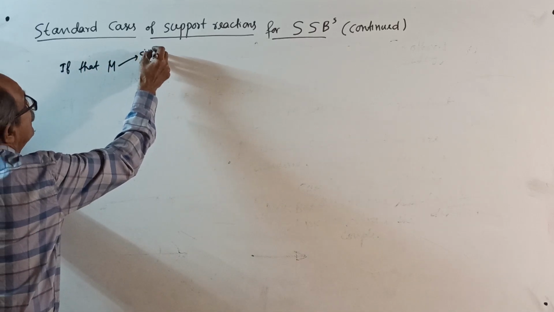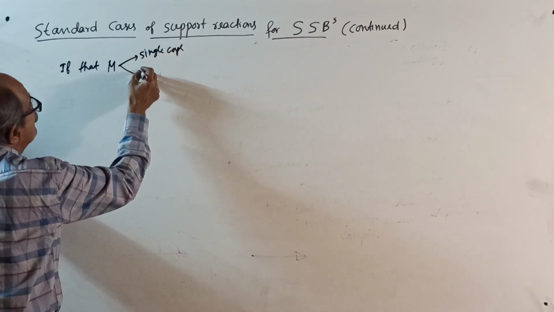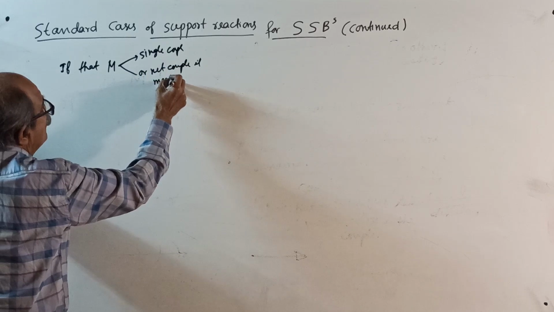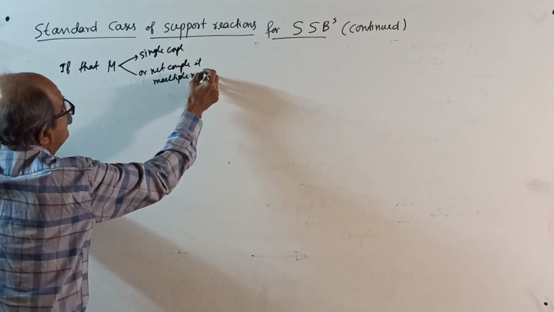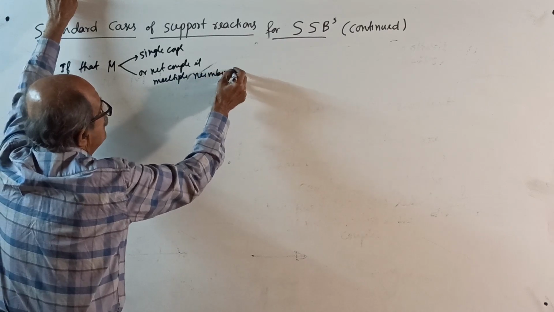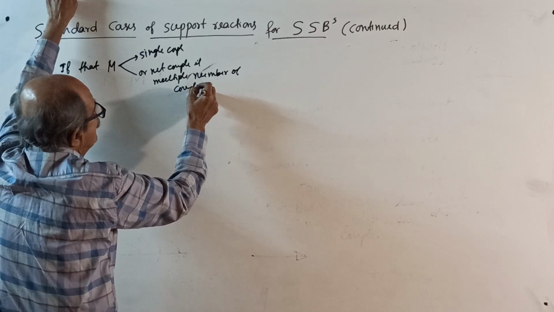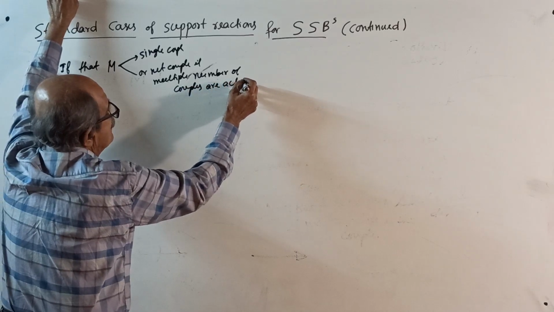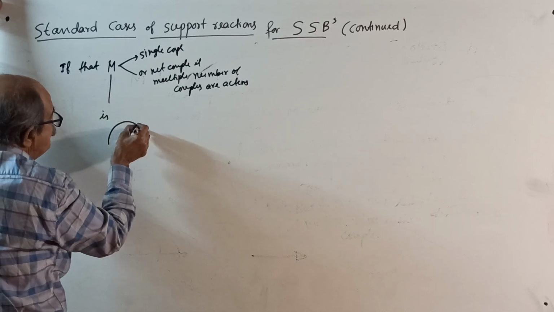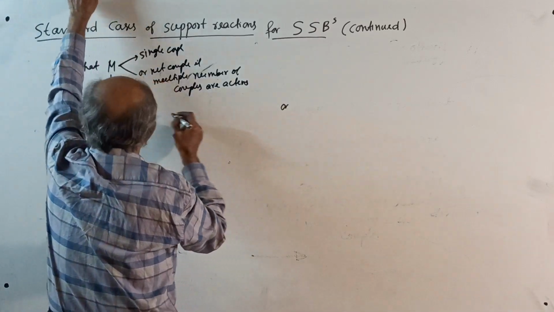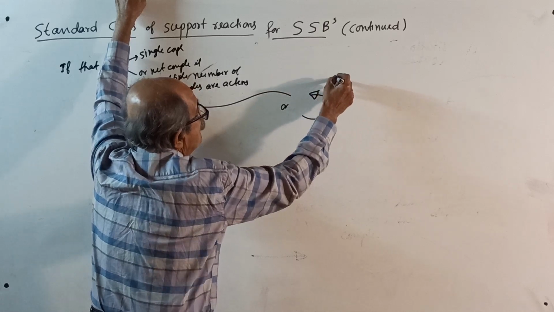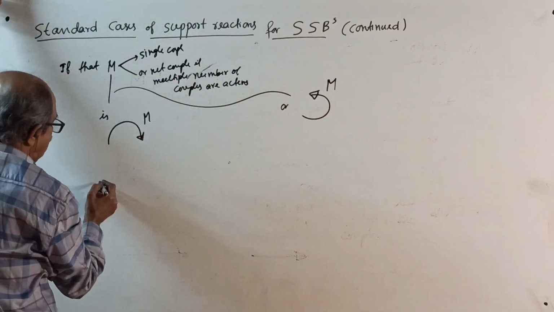Either a single couple or the net couple if multiple couples are acting. If that M is clockwise or anti-clockwise, M, this way.